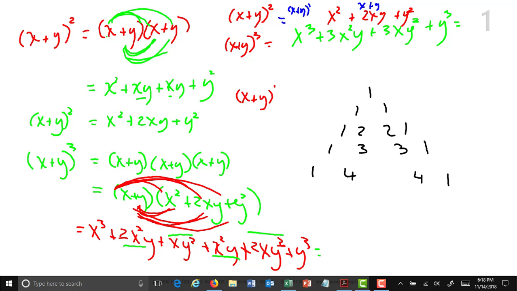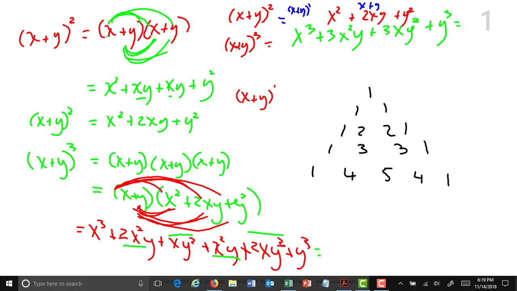Look at what's happening. Notice that this is 1, 1. Here it is, 1, 1.